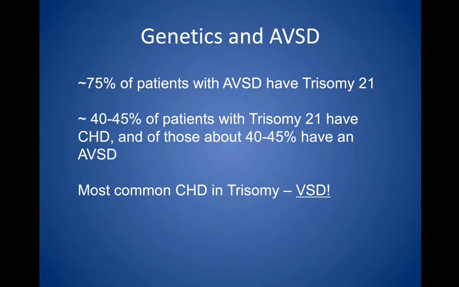The one question that sometimes is tricky is what's the most common congenital heart disease in trisomy 21? Most people will jump at AV canals, but the answer is still VSDs. If you have a child with trisomy 21 who has congenital heart disease, the most common is still VSD.